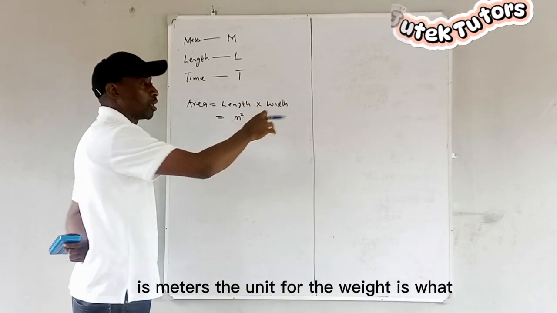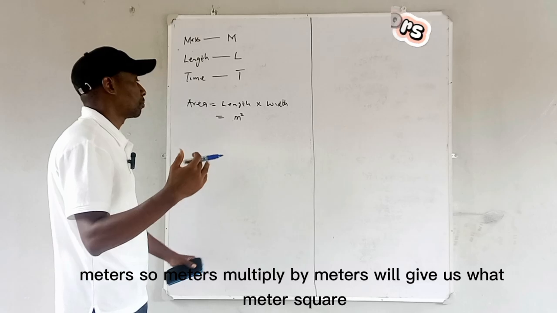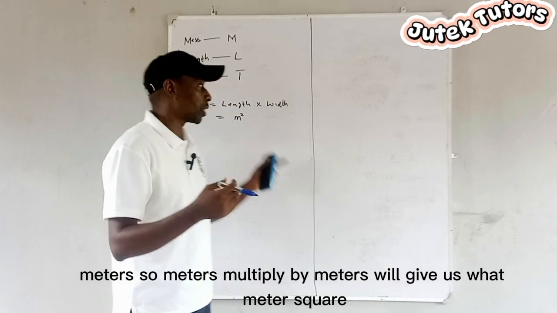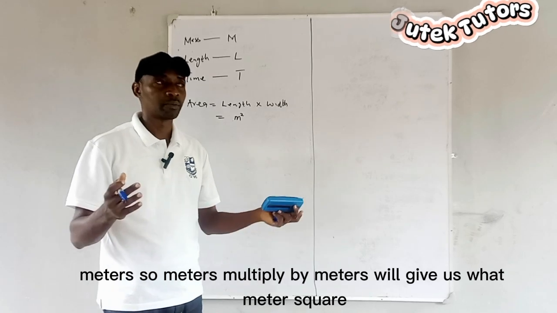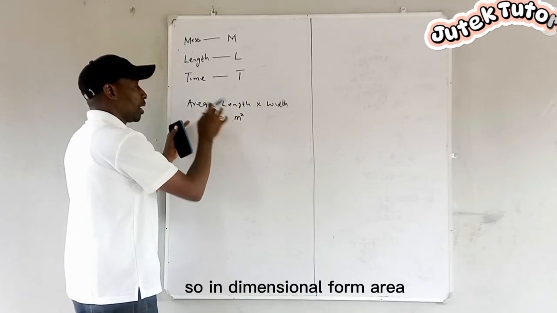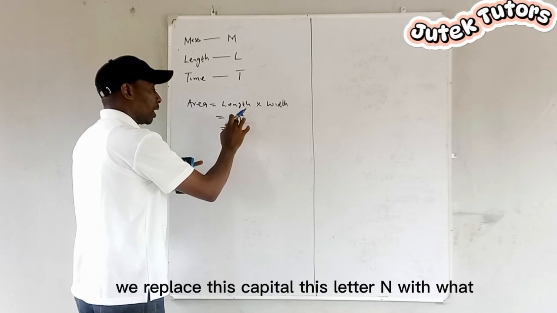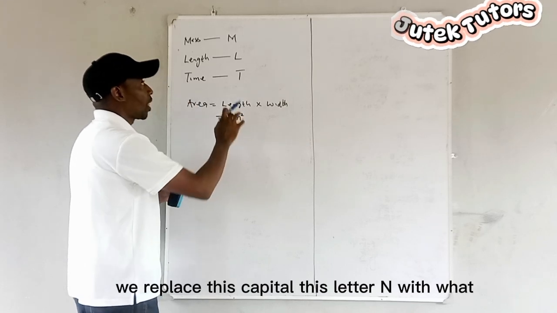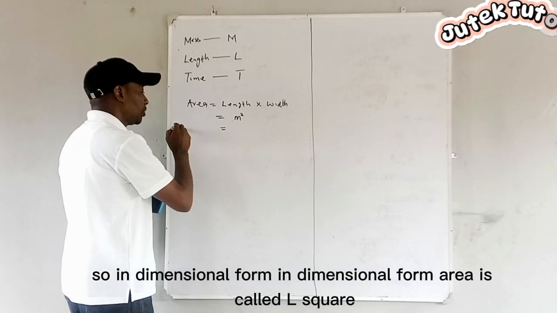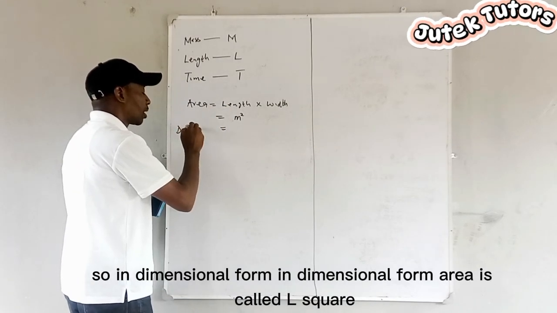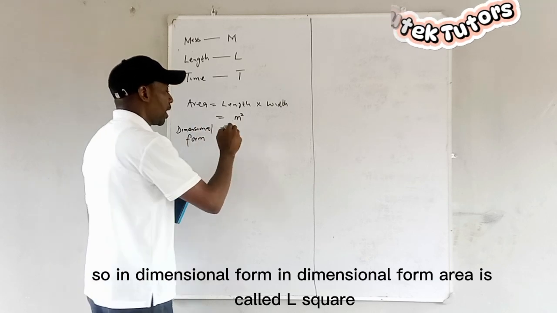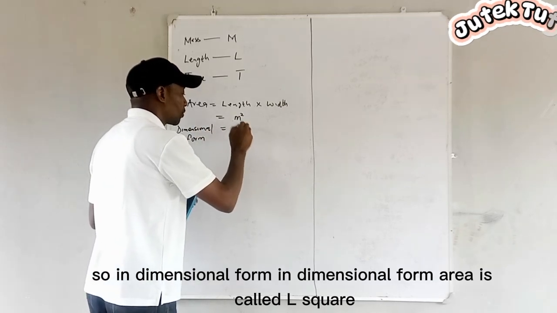The unit for the width is what? Meters. So meters multiplied by meters will give us what? Meter square. So in dimensional form, area will replace this letter M with what? With letter L. So in dimensional form, area is what? L squared.